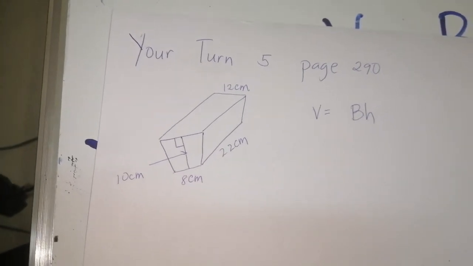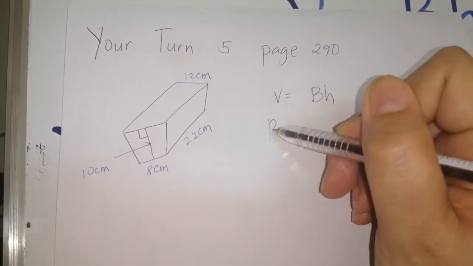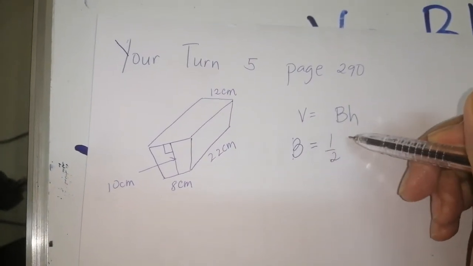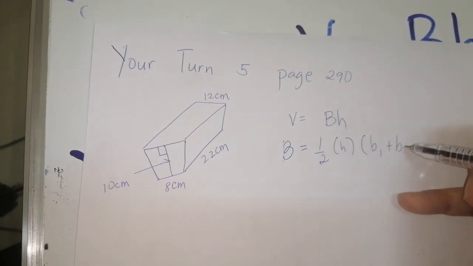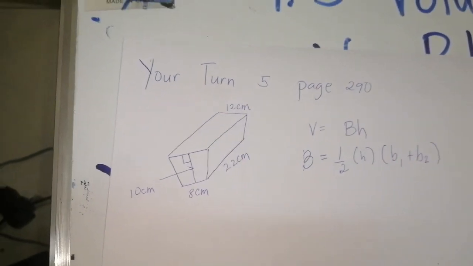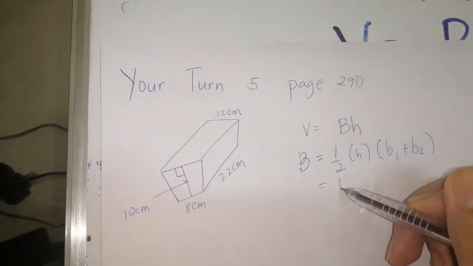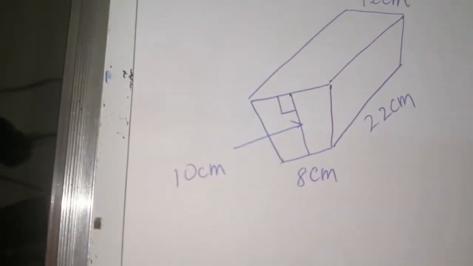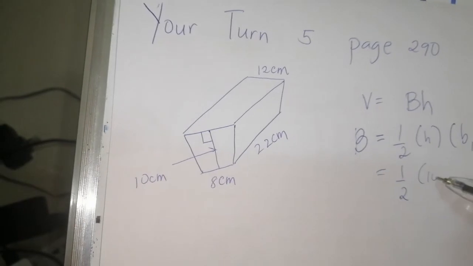So let's solve for the volume. Let's find first the base area. What's the formula? Base area is equal to half times the height times base 1 plus base 2. Let us substitute. We have half. What's the height of the trapezoid? I'm talking about the trapezoid. That is 10 centimeters.